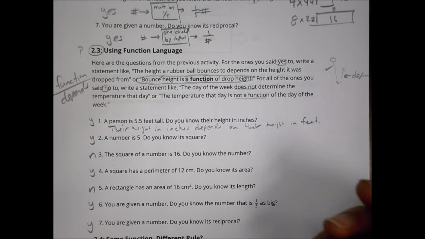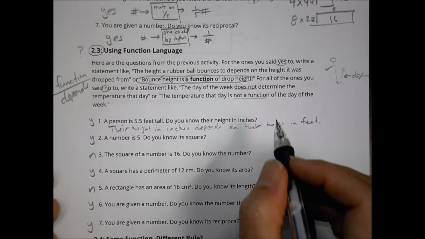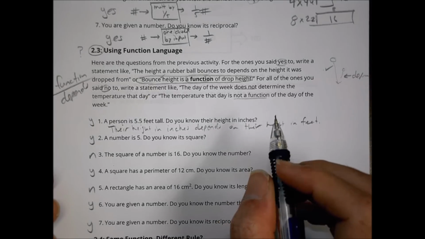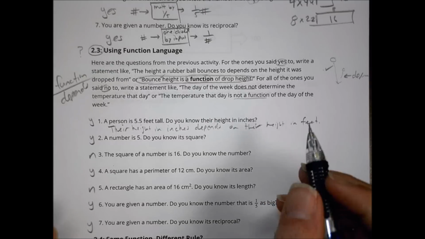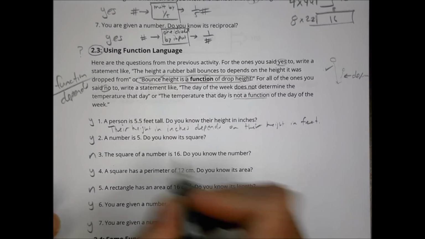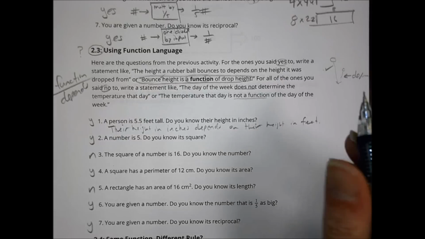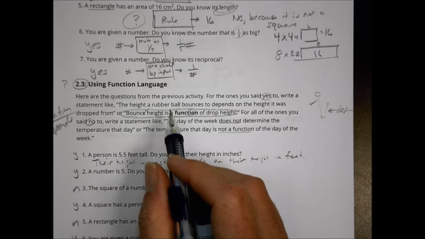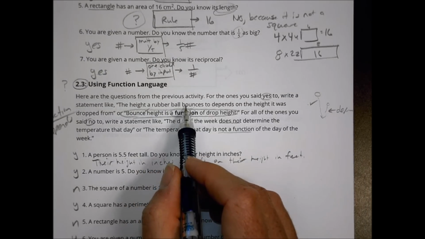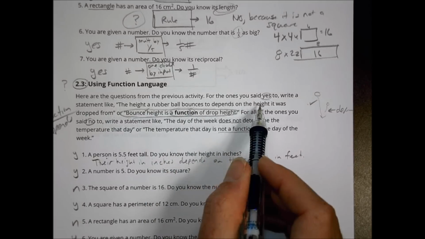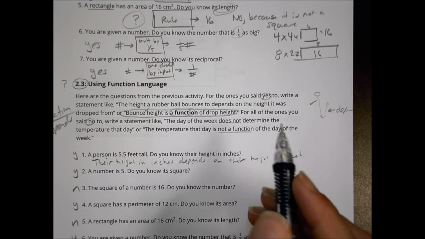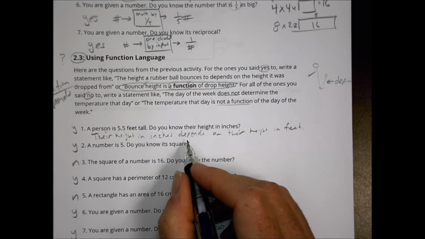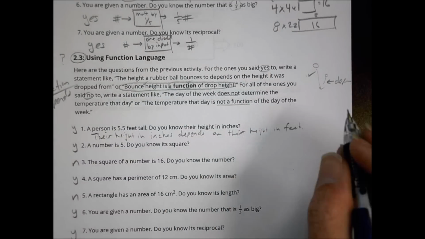We could also say the other way, that height in feet is a function of height in inches. So there's a couple ways to write that one. It gets a little complicated when you start writing them out, like, wait, which way? The order tends to reverse here. Looking back here, right? So the bouncing ball depends on the height. So bounce height is a function of drop height. Okay? So we would say inches is a function of feet.